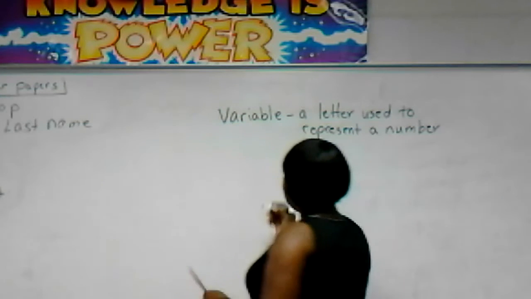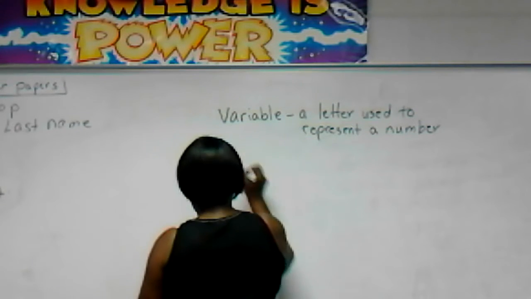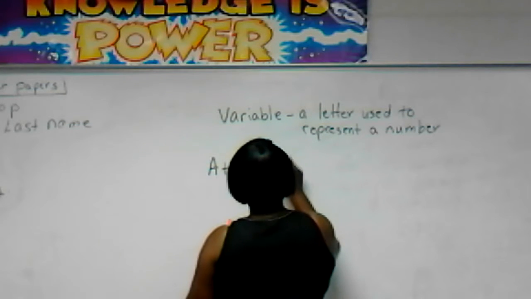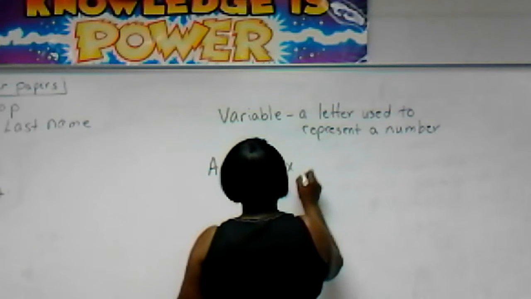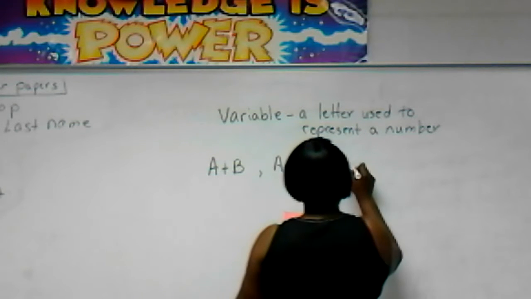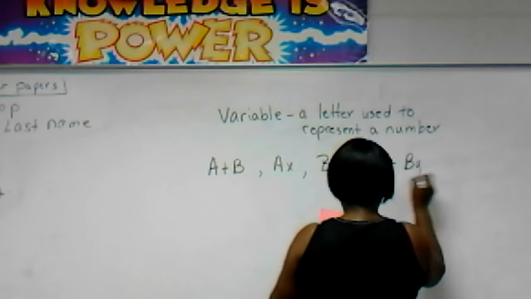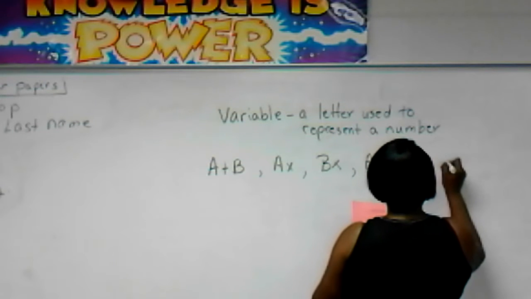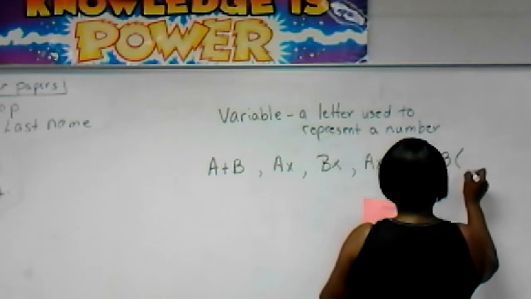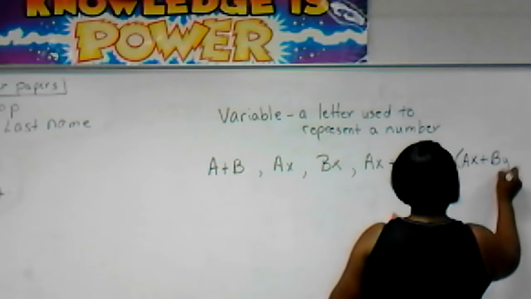Now, let's interpret these expressions. A plus B, AX, BX, AX plus BY, and 3 times AX plus BY.